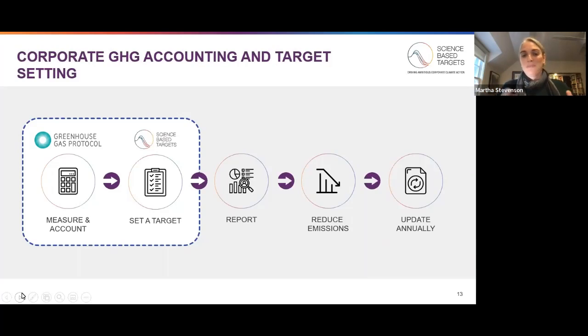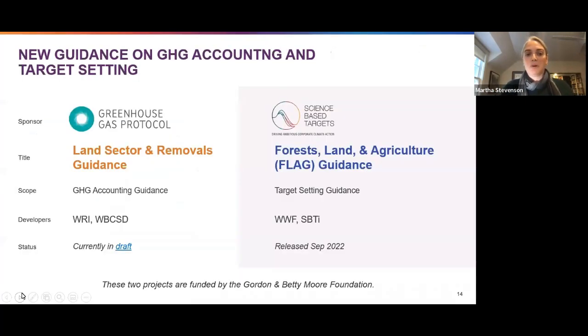So as has been mentioned several times now, we had some gaps here for the land sector in particular. Next slide. We lacked both the comprehensive accounting guidance across the land sector for emissions and removals, and also the target setting guidance. So the World Resources Institute and WWF worked together to draft a proposal to raise money for these two projects to be done as sister projects in parallel.